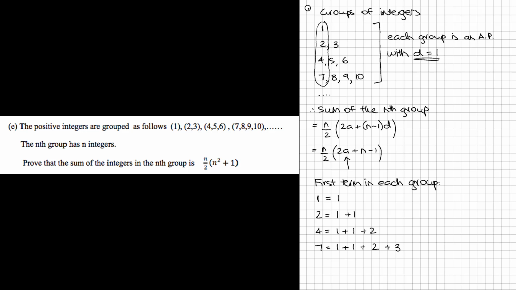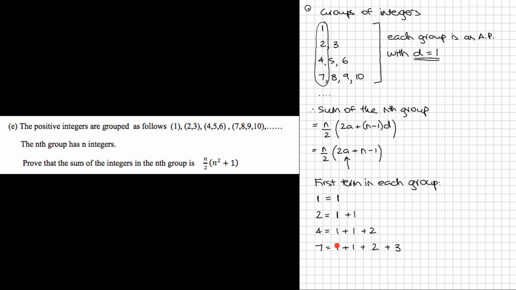Hopefully with these early groups, you can see the pattern emerging, because we always have a 1, and then we add something where the final thing that we add is also growing by 1. So we'll have just our 1, and then in the next group we'll take that 1 and add 1. And then in the next group, we'll take that 1 plus 1, and then add 2.